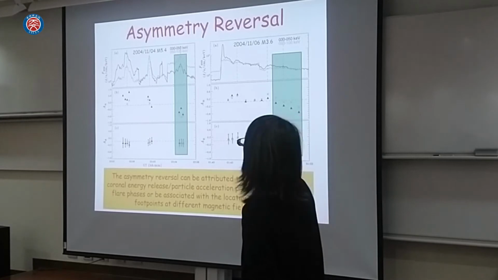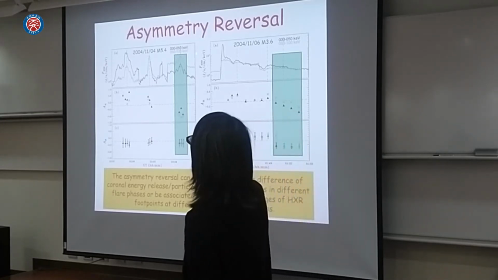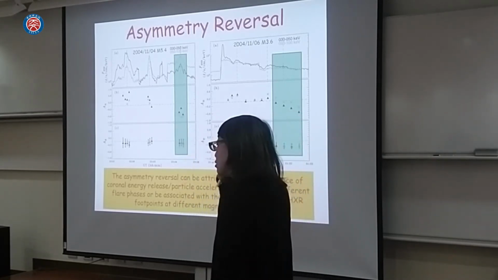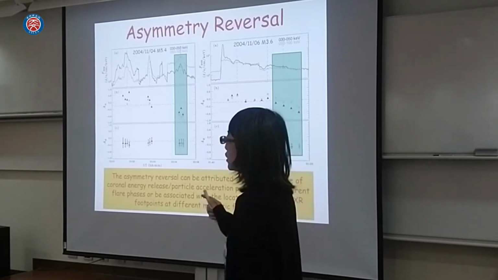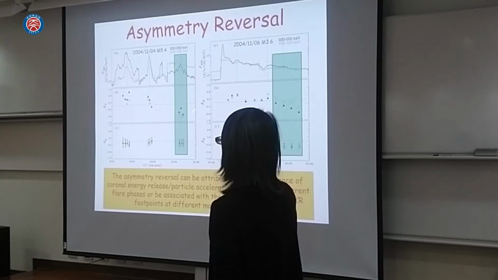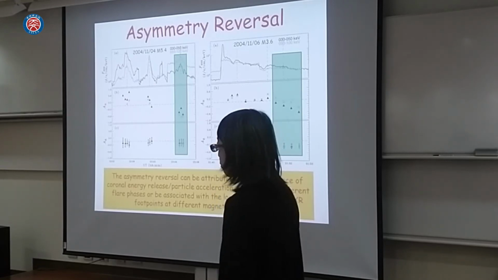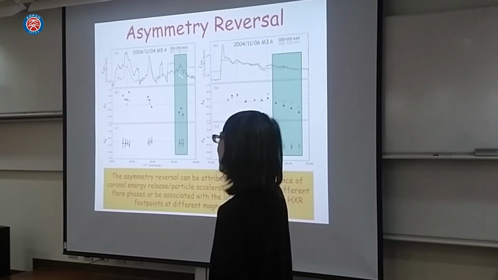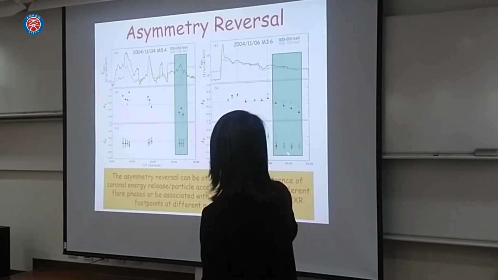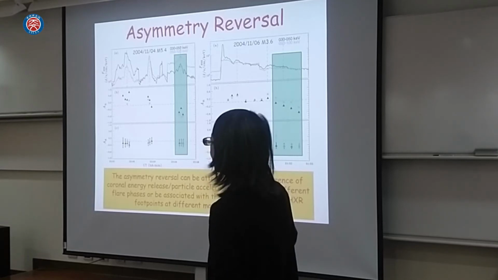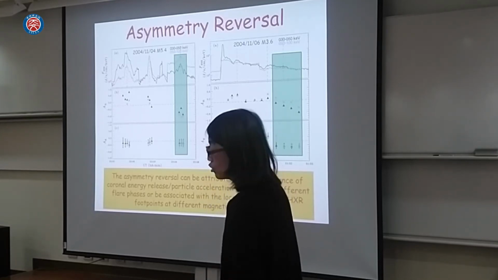So I want to say that yes, we do see the AH change sign in a different flare phase, especially in the later phase. But this signature can be explained by a different energy release situation, or just a different magnetic field region.